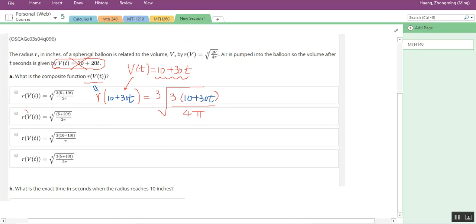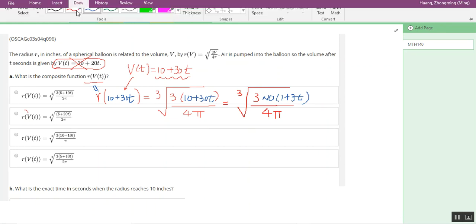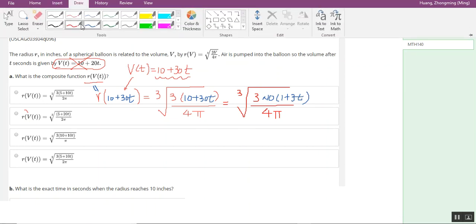Now after that, let's simplify. So cube root of 3 times over 4 pi. And I do see that 10 is a common factor, so I'm going to factor out my 10. I'm left with 1 plus 3t. Okay, keep in mind, this is my problem. Yours is a little different.